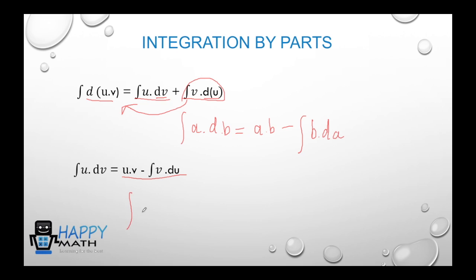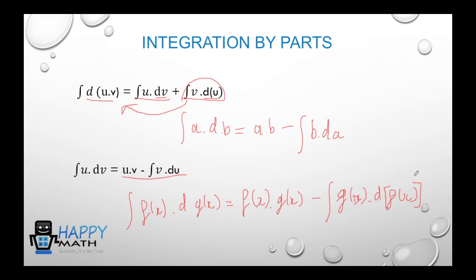Another one: you have f(x) times d of g(x), and you want to take integration by parts. It means you take f(x) times g(x), and then subtract the integral with the positions of f(x) and g(x) swapped. g(x) goes here, and you take the differential of f(x).